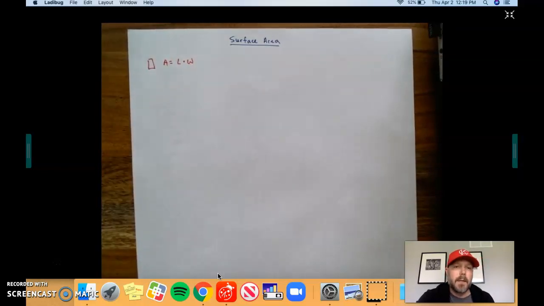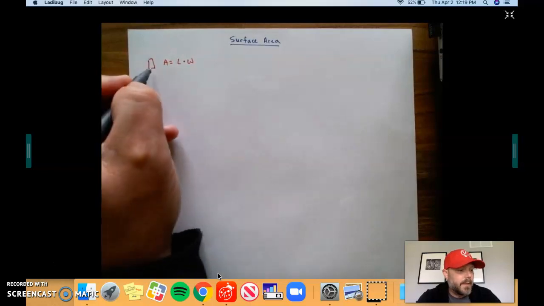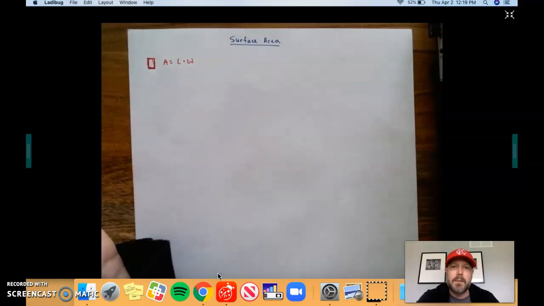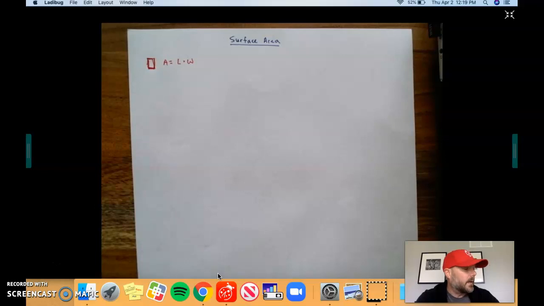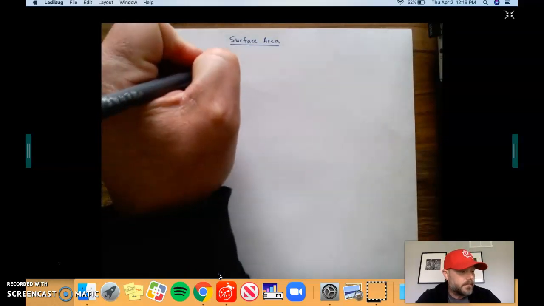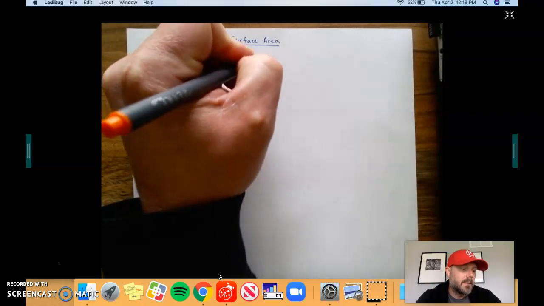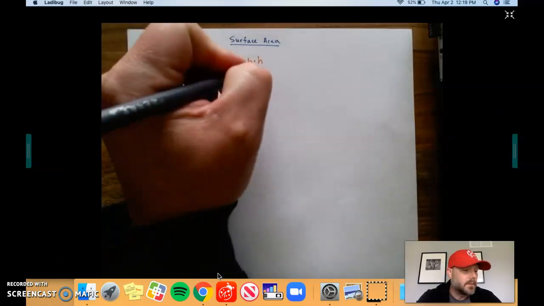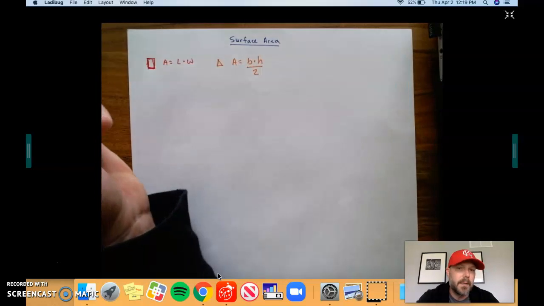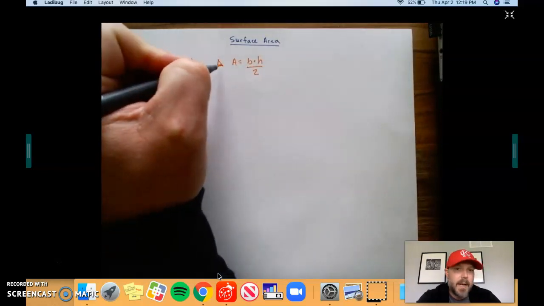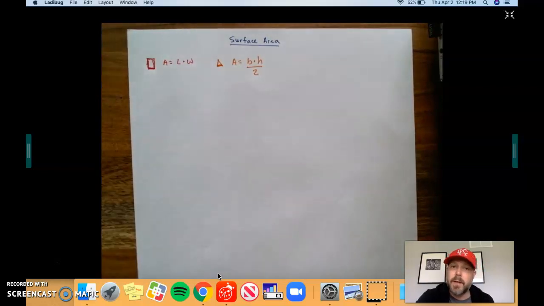You could call it base times height. Basically, it's the two sides that you're multiplying together. For a triangle, the formula for area is base times height divided by 2. So that's the base of the triangle times the height of the triangle, and then you divide it by 2.